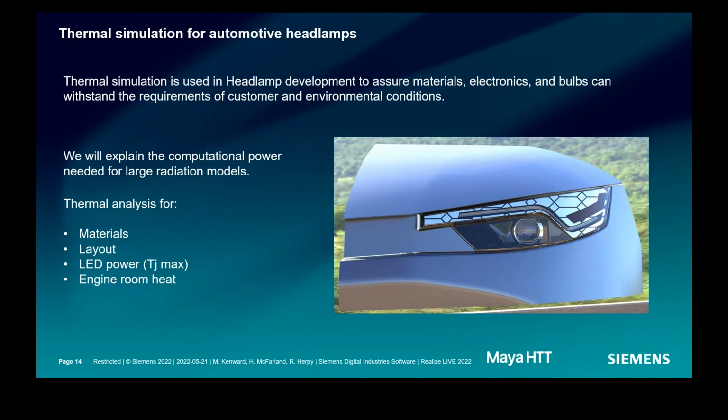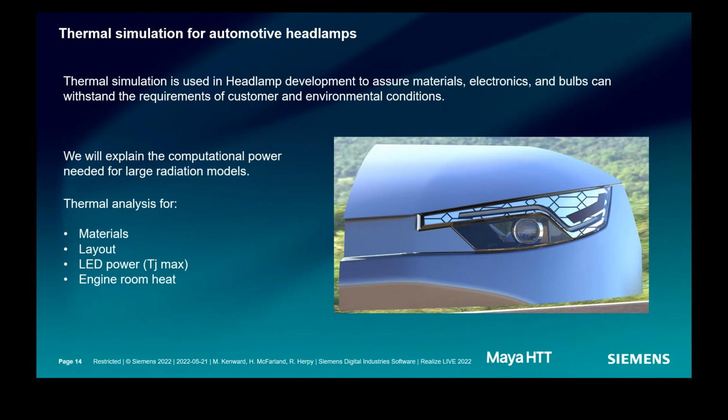So thermal simulations are very important for our lighting development so that we ensure we're choosing the appropriate materials and that those devices are able to stand up to the harsh environments that vehicles are seeing. So today we want to explain the computational power that was needed to run some of these larger models and how that has affected our workflow in a positive way.